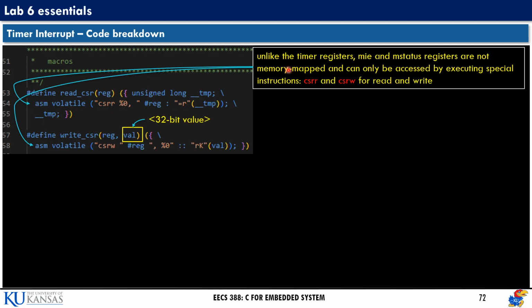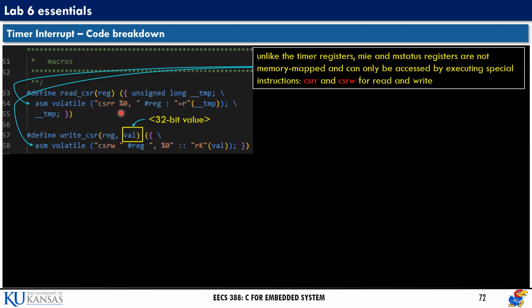We can't directly change the value of the MIE and the mstatus registers the way we did previously. We have to access and modify these registers' values using special instructions. The special instructions are CSRR and CSRW, where R is read and W is write.